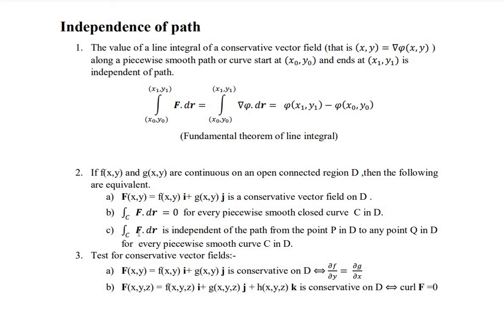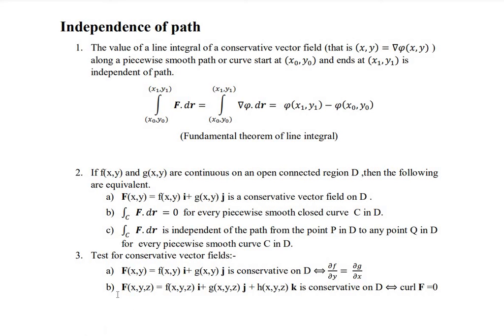Then the integral over C of vector F dot vector dr is independent of path from the point P in D to any point Q in D for every piecewise smooth curve C in D. So if F is conservative, from the first property we can say that it is independent of the path. It depends only on the endpoints, not the path. So the integral over C of F dot dr is independent of path whenever F is conservative. So these three are equivalent statements.